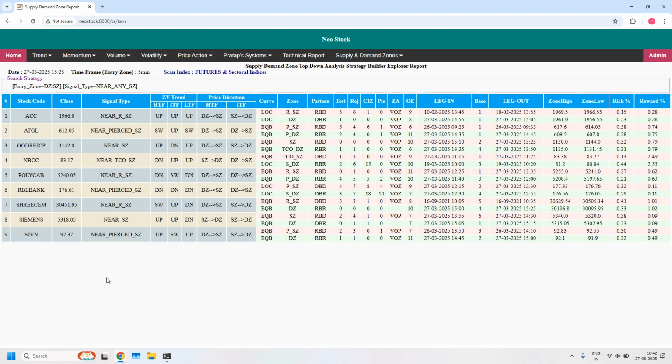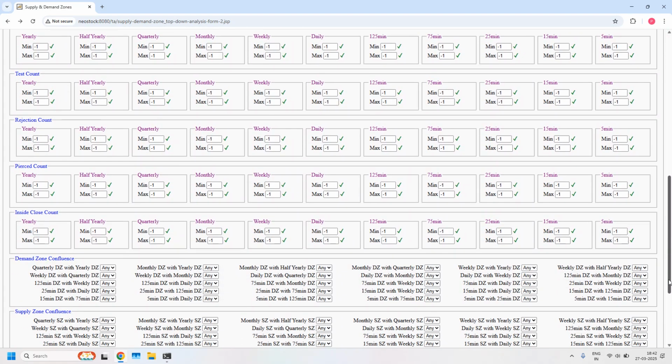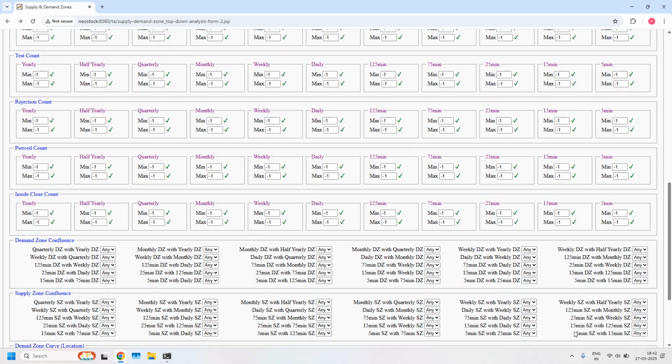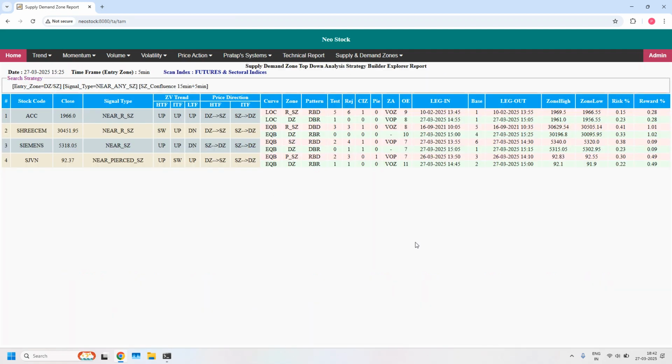We can further filter based on the zone confluence, ITF supply zone confluence, that is 5 minutes and 15 minutes supply zone confluence. I am enabling that filter. We got 4 stocks. Fourth one is a pierced supply zone. You can ignore it. So these are the stocks near demand and supply zones for different time frames.